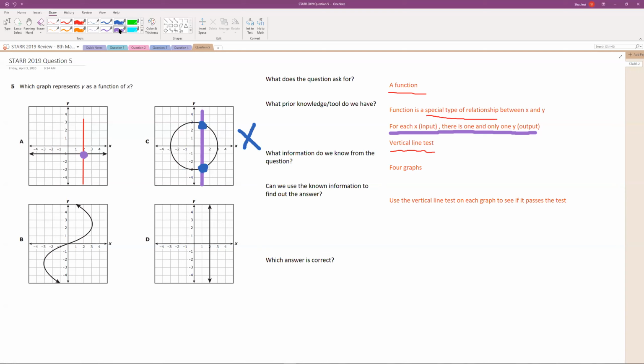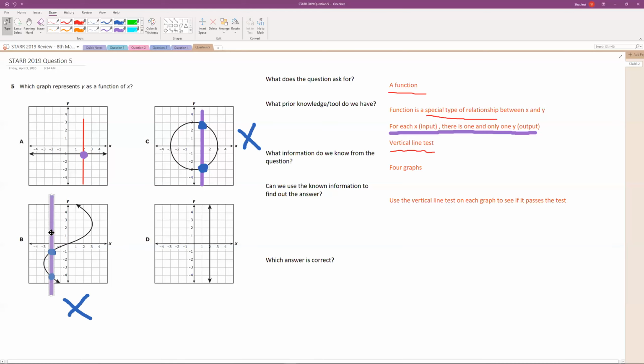Let's try the third one. If I draw a vertical line here, I will see that for some parts of the function, there are 2 intersections. That means for the same x, it has 2 different y's. That doesn't meet our criteria, so this is not a function.